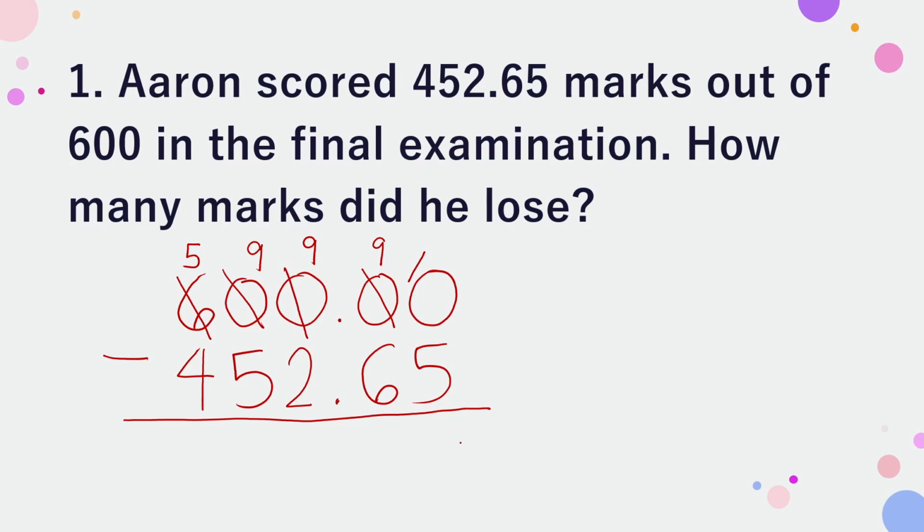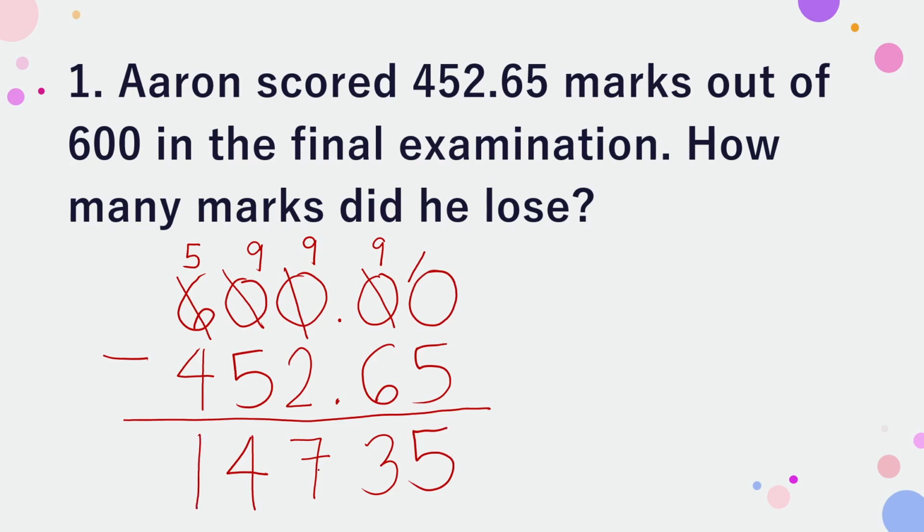Okay, let's do subtraction. 10 minus 5, you'll get 5. What about 9 and 6? You subtract them, you'll get 3. The decimal point goes here. Then, what about 9 and 2? You subtract, 7. What about 9 and 5? 4. What about 5 and 4? 1.